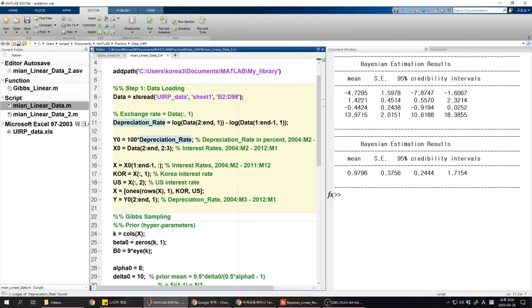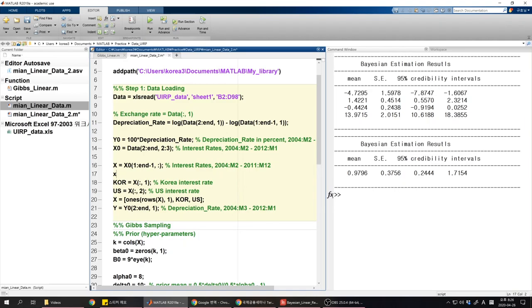This is the depreciation rate, and this is the independent variable, and this is the full sample, right? But we took the data from 1 to n minus 1, so this is actually capital T minus 1. This is capital T minus 1. And where is capital T, or say x capital T plus 1?